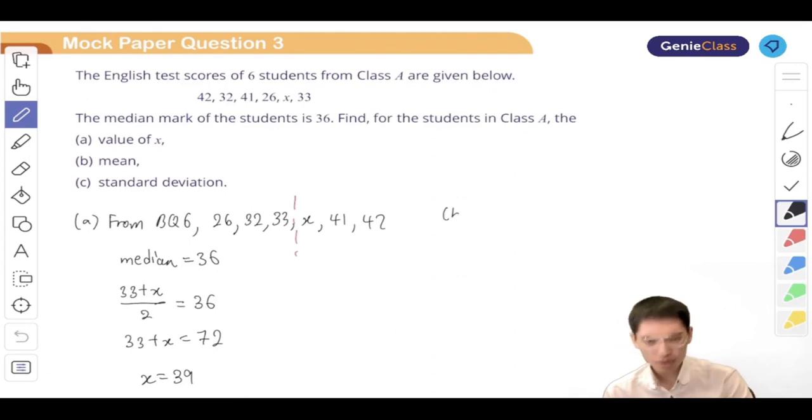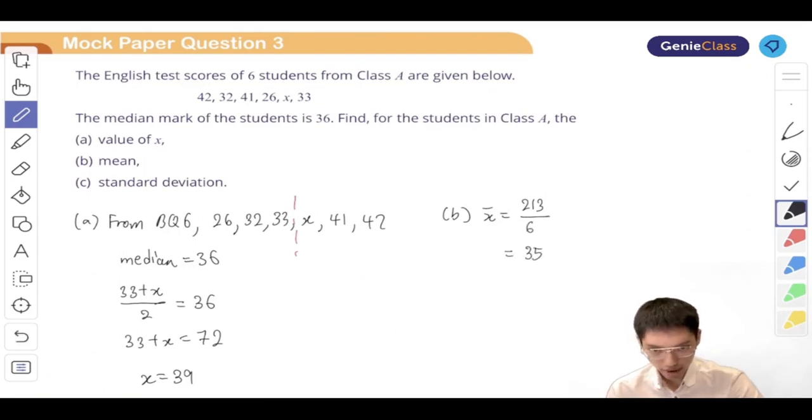Once we have this value, for B and C, the rest of it you can use your calculator, with the calculator method I went through with you in the previous lesson. The mean is 213 over 6, which equals 35.5. For the standard deviation, take note of the key values you need.